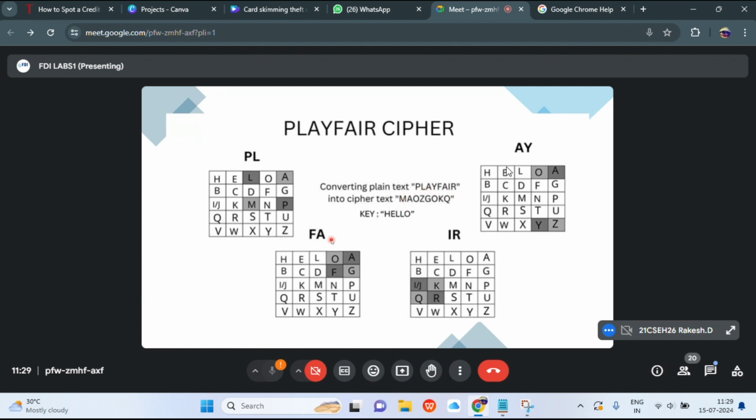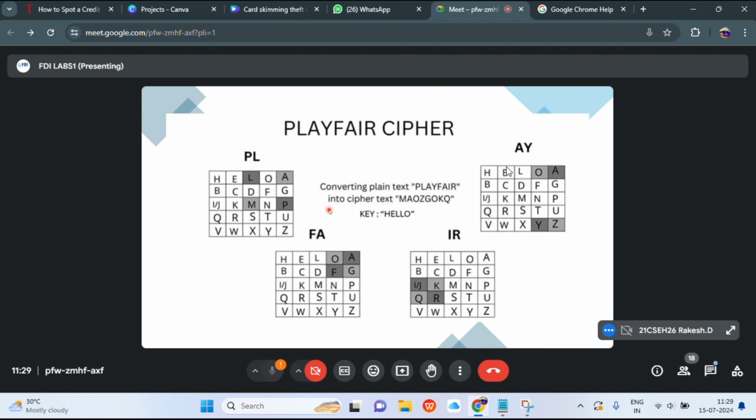This is called a digraph in Playfair cipher. And our key here is hello. First, we should fill the keyword inside the Playfair matrix, the 5 by 5 matrix. So HELLO is the spelling of hello, but only one L is there because we should not repeat a letter. This has only 25 cells.